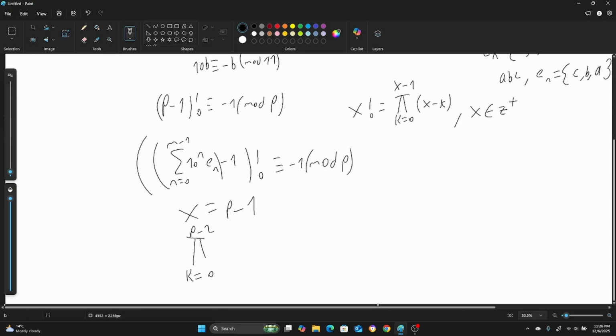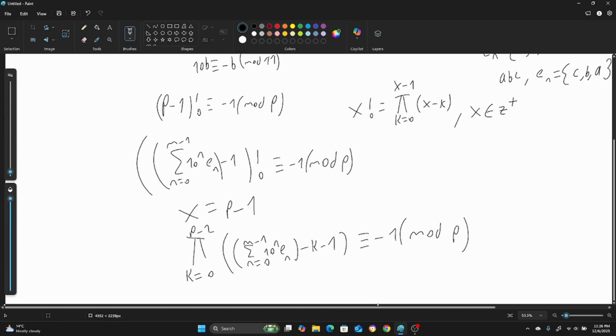Yeah, so we plug in the p variable, we see x in this equation, and on the inside we would get, let's open two parentheses, the sum from n equals 0 to m minus 1 of 10 to the n, e_n, minus k minus 1, equals minus 1 mod p.